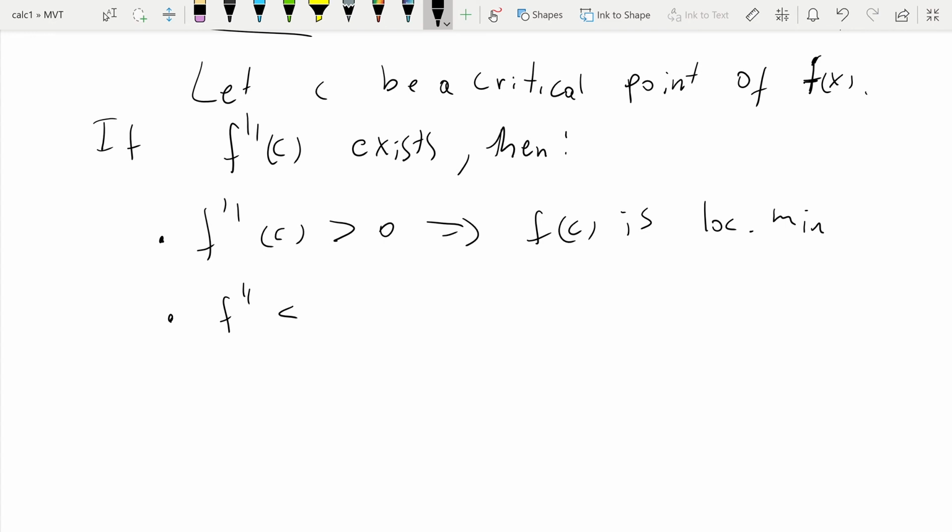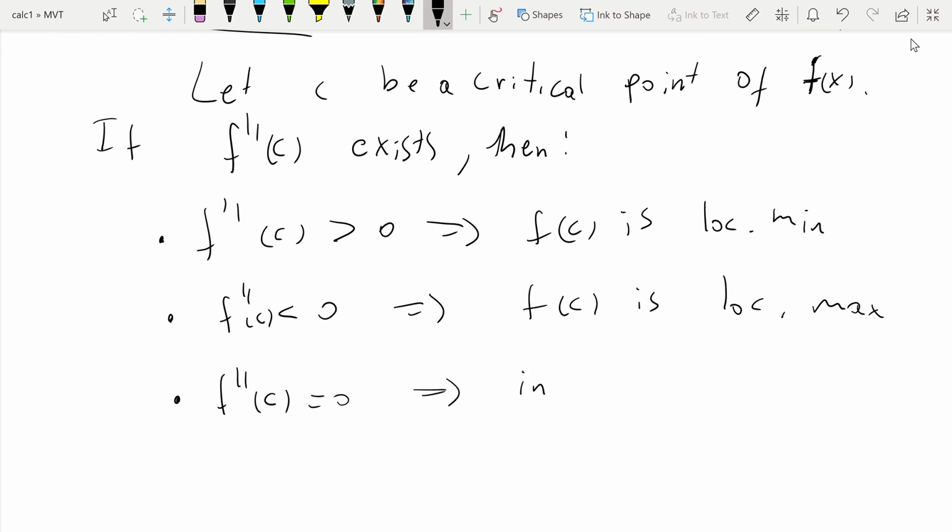If f double prime is less than 0, then f of C is a local max. And if f double prime at C is equal to 0, then the test, unfortunately, is inconclusive.